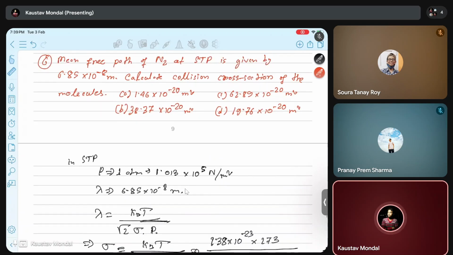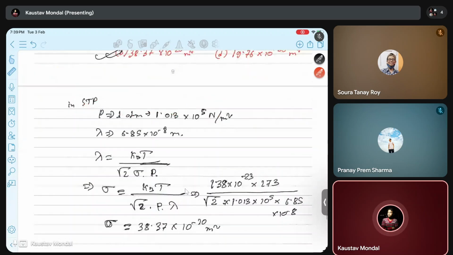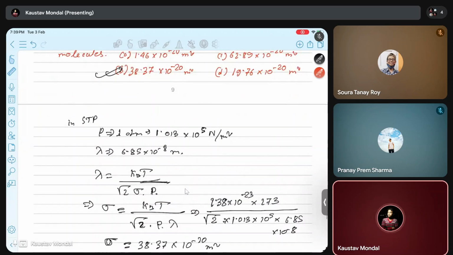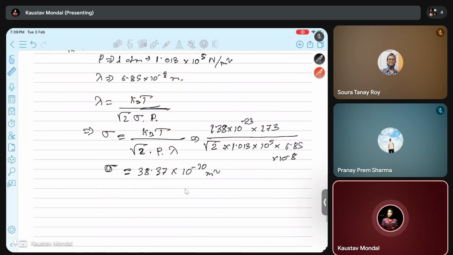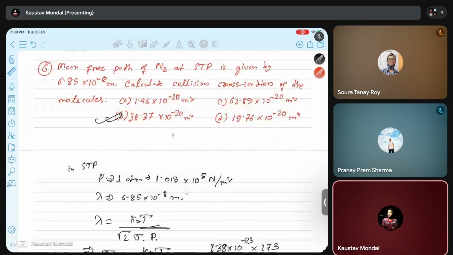So this is basically the answer. The main thing here is that you have to calculate the collision cross section. Whenever the problem mentions STP, the pressure and temperature are given. The lambda is already mentioned, so you can easily calculate the collision cross section.